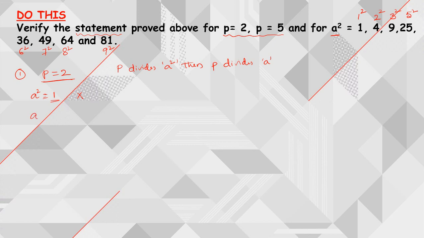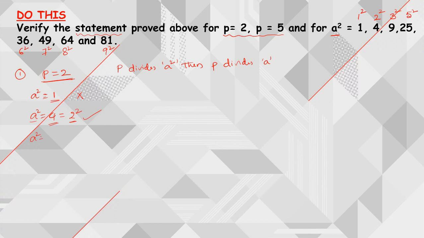Next, when a square is equal to 4, that means 2 square, so 2 will divide 4. That means 2 will divide a, so a is equal to 2. So 2 will divide 2, and it satisfies.